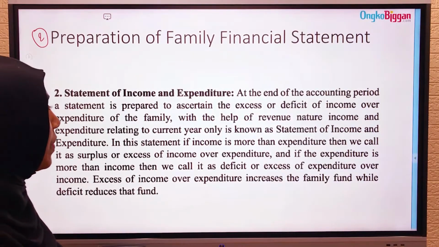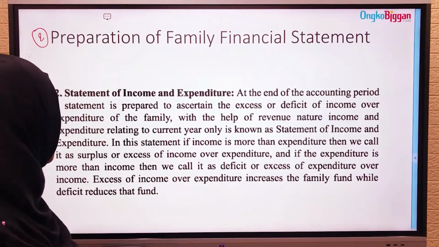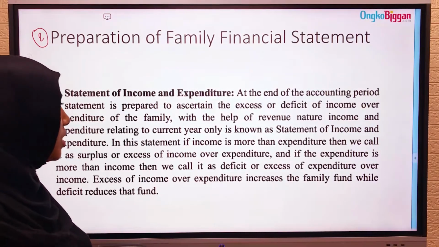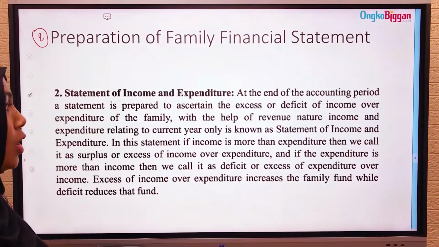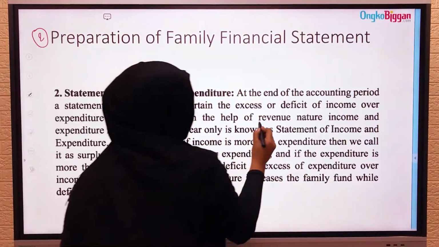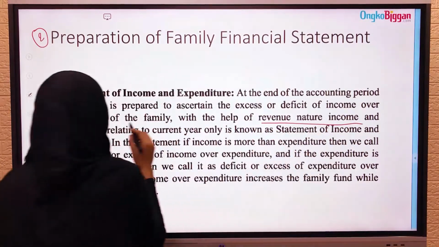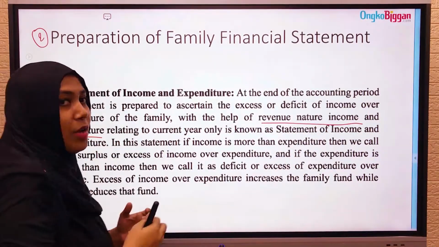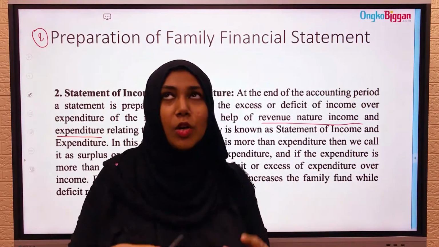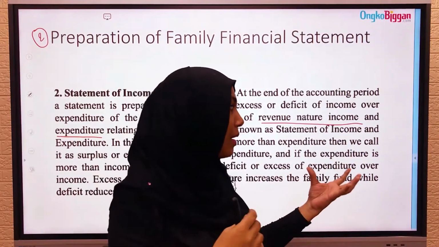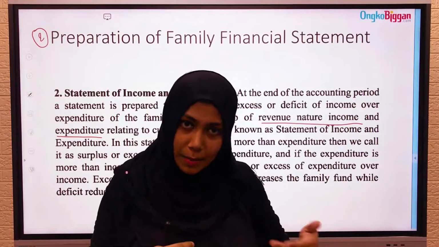With the help of revenue nature income and expenditure relating to the current year only, it is known as a statement of income and expenditure. Revenue, we know, is not capital income or capital expenditure, not the assets; only the revenue nature, which is very short term and coming frequently.